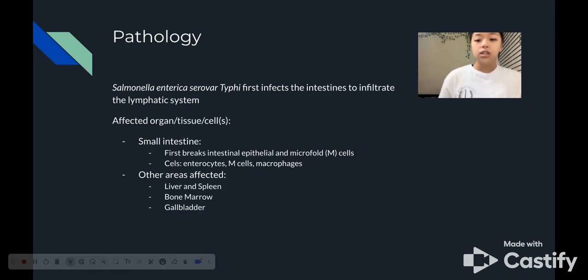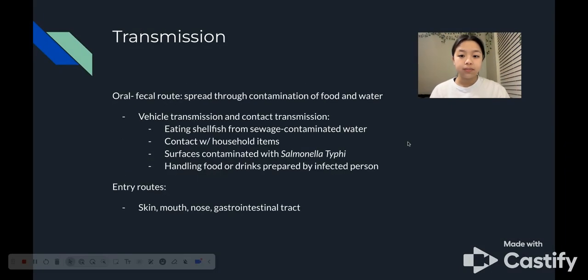Okay. So, for obviously our bacteria, it needs to infiltrate the ileum, as I said before. And other areas that are going to be infected are going to be your liver, spleen, bone marrow, and your gallbladder.